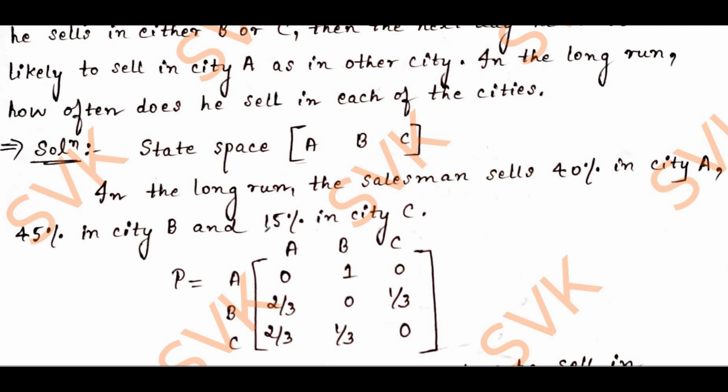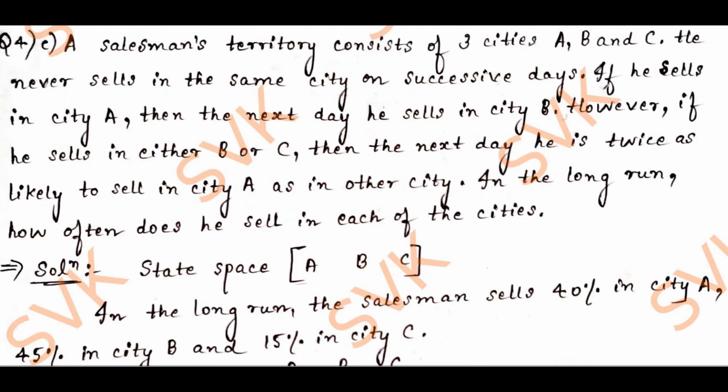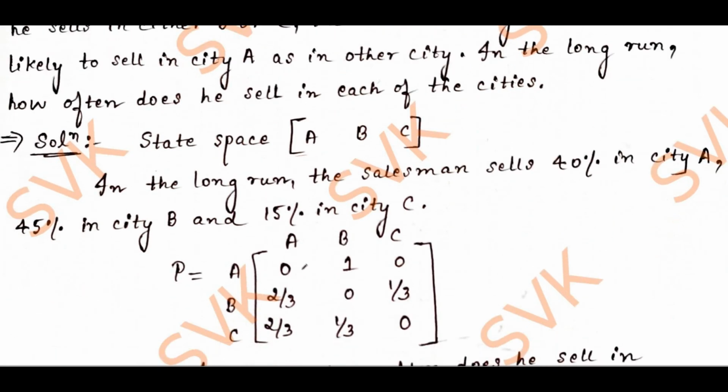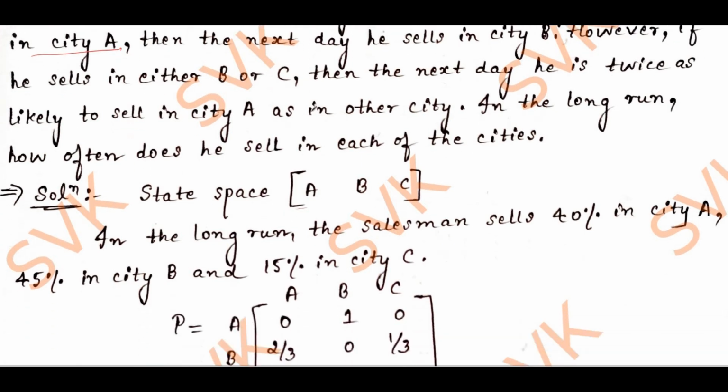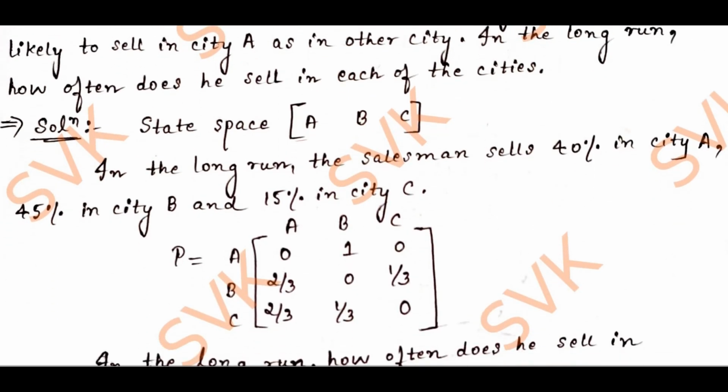So let us define the probability matrix. If he sells in city A, then the next day he sells in city B, so we can consider that row as 0, 1, 0. However, if he sells in either B or C, he is going to sell in the other cities. Since we have 3 cities, it has to be divided by ratios.